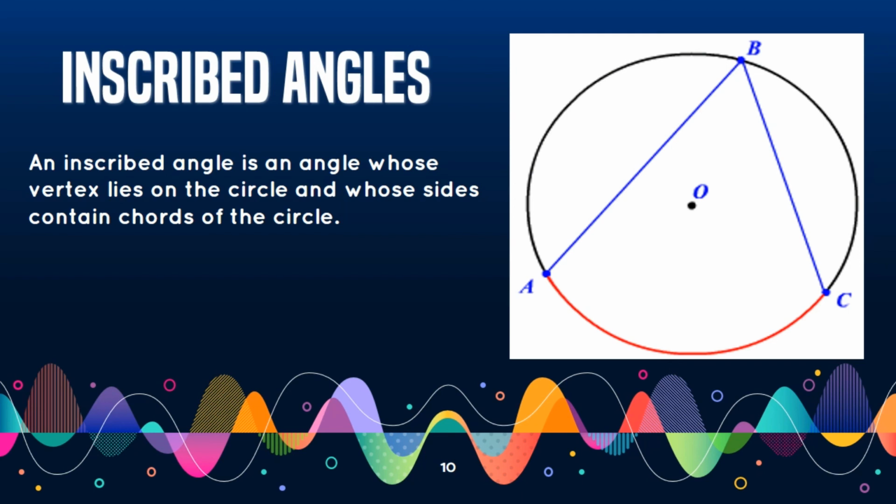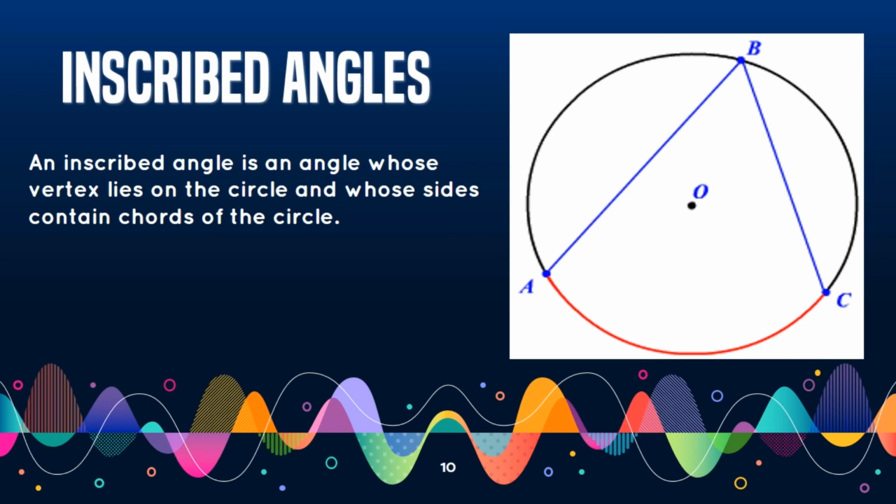And the rays of the inscribed angles are chords of the circle, not unlike the central angle, whose rays are the radii of the circle.